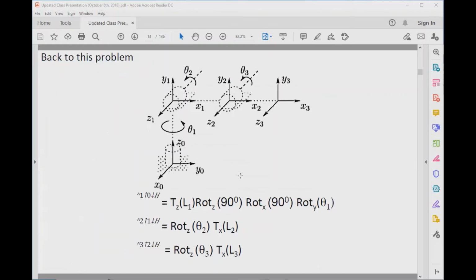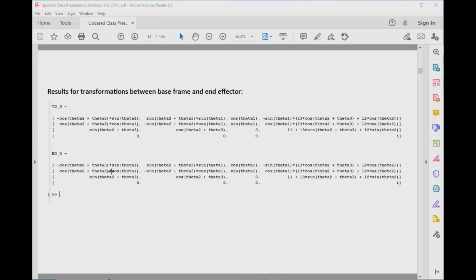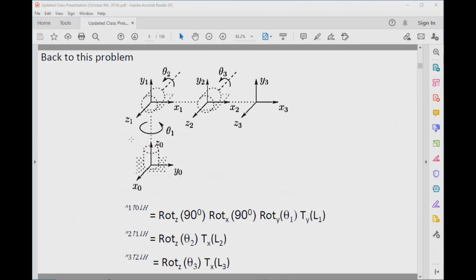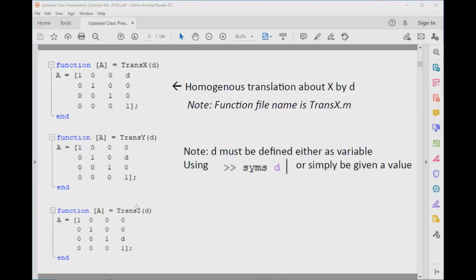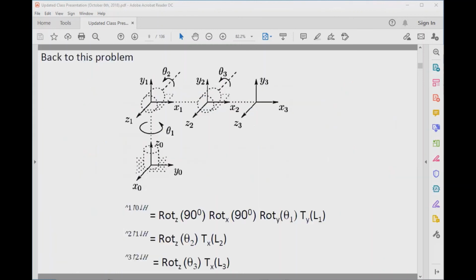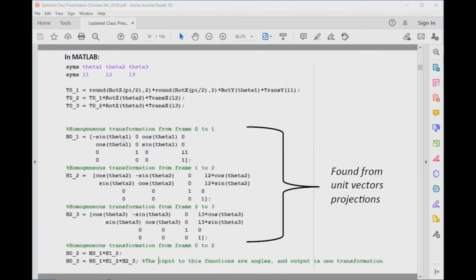That is it, guys, for what I want to cover in this lecture. What I encourage you to do is do whatever I just did in MATLAB. Sit down and program your MATLAB with these functions. Program all these on your own, guys. Don't ask anyone to help you, because this is very important for you to understand. Put it in a script, obtain these homogeneous transformations, and make sure that you are actually getting the right values.